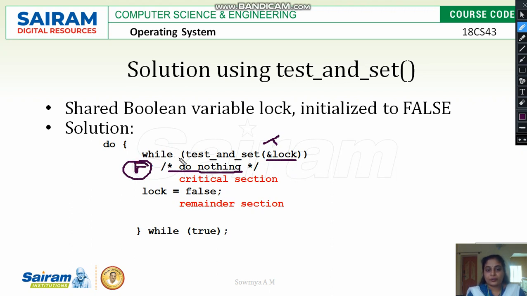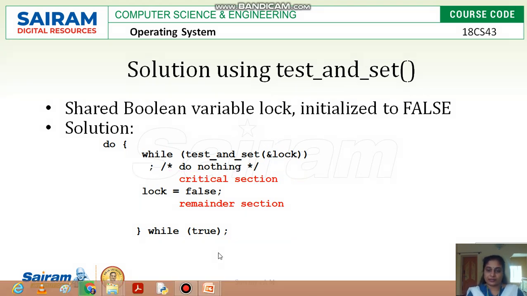If the while loop condition is true, it does nothing. If it is false, you enter the critical section, then the lock value is set to false, and you go to the remainder section and execute the remainder code. So this is the solution using the test and set method.